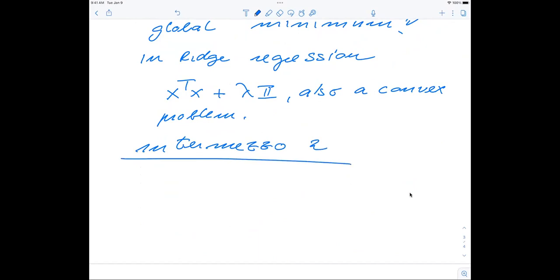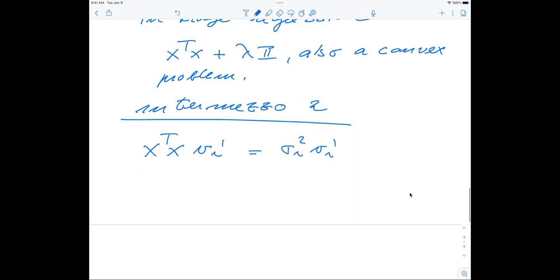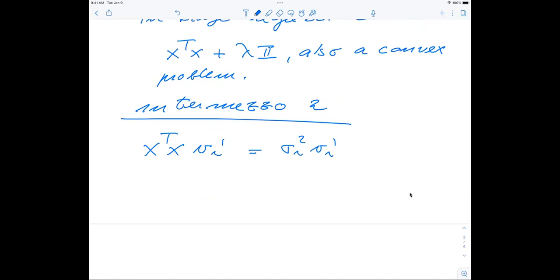We saw the eigenvalue equation for X^T X multiplied with v_i, which is equal to sigma_i times v_i. This is independent of whether we do ordinary least squares or ridge regression or whatever. And this property is something which we are going to study again and again.